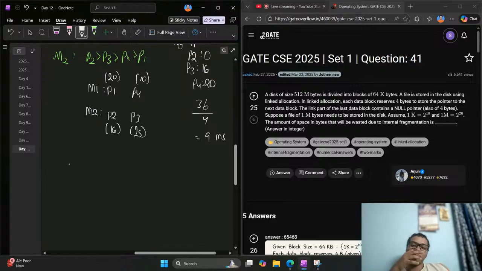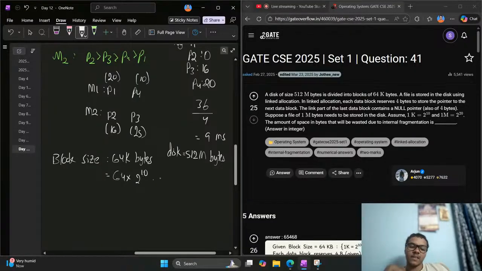So block size, I can kind of visualize that one, 64 kilobytes, and disk size is 512 million bytes, so that is 64 into 2 power 10, and 512 into 2 power 20. A block reserves 4 bytes. 1 M needs to be stored, so 1 into 2 power 20 needs to be stored.